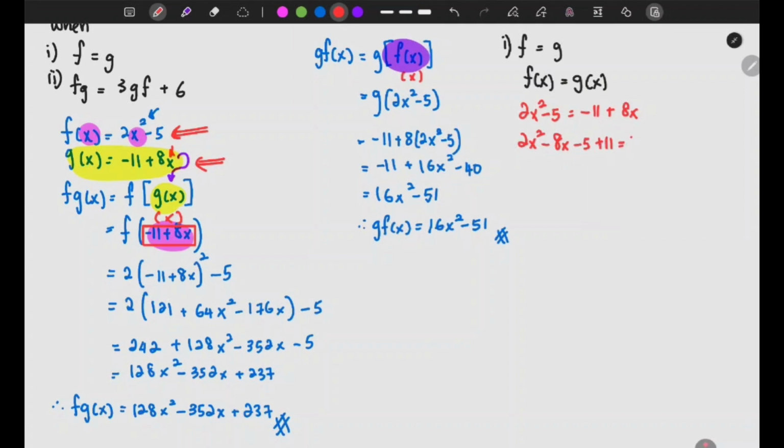Then you actually need to press your calculator, simplify, find the answer, factorize it. So press mode, equation, degree 2, then 2, negative 8, 6. So you get x equals 3, and one more, 1. And then you put a bracket (x minus 3)(x minus 1). Don't forget to put equals 0.